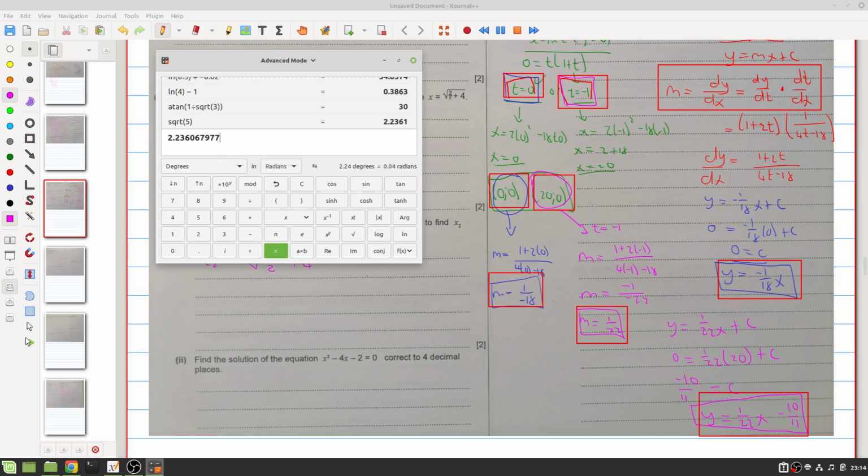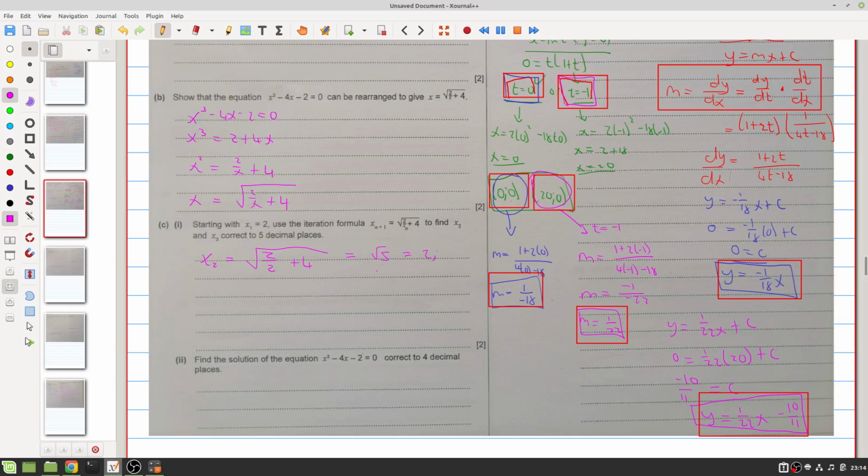23607 if we round off, 2.23607. Then x3 is going to equal the square root of 2 over our previous x, which was 2.23607, plus 4.